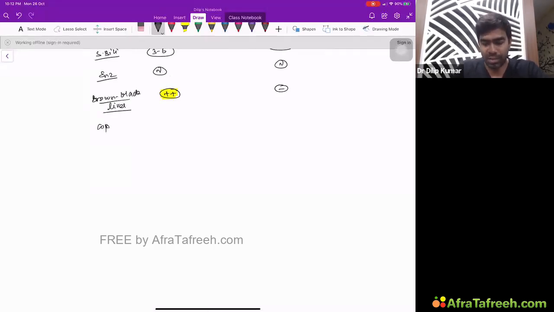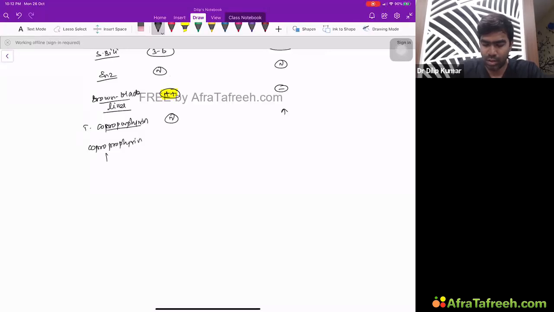And there are a few other ways to differentiate. For example, we have coproporphyrin levels. Total coproporphyrin will be normal in Dubin-Johnson and increased in Rotor syndrome. And then there is the coproporphyrin fraction.